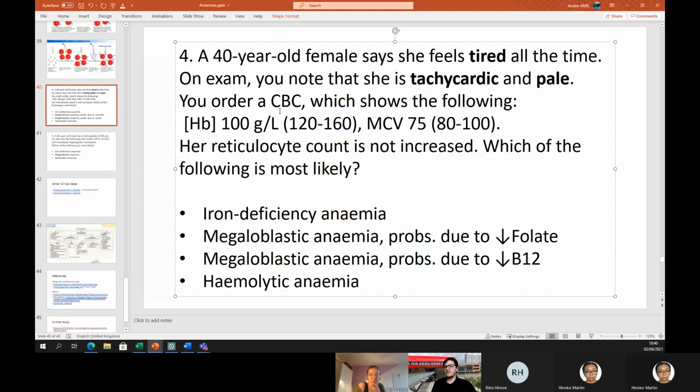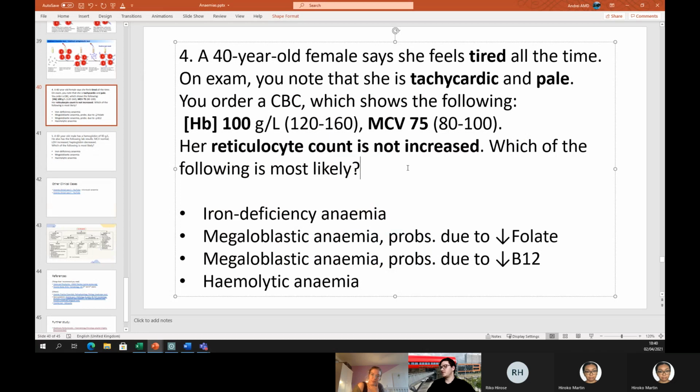I mean, yeah, you do suspect anemia, but you ordered a complete blood count anyway. If the patient feels unwell, that's the first thing you do, complete blood count. And you get to see what? Hemoglobin is 100 and MCV is 75. Reticulocyte count is not increased.